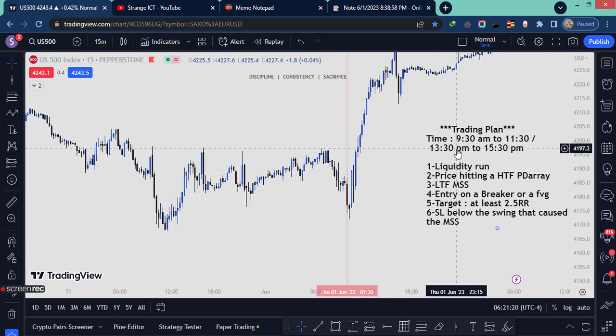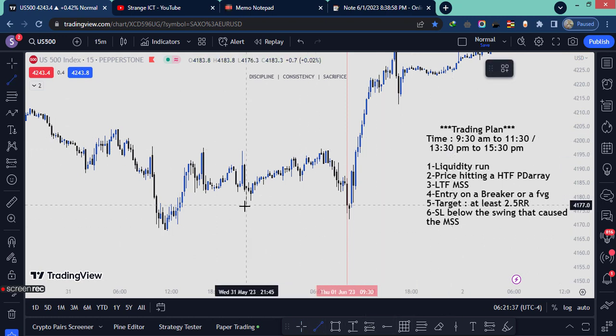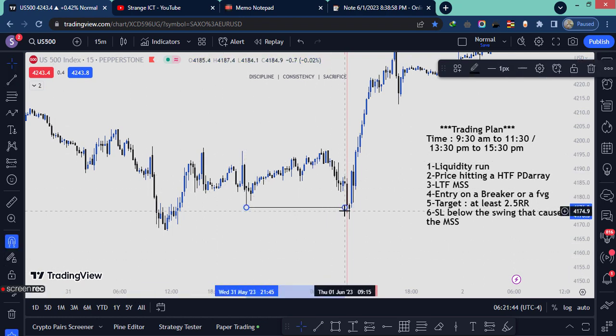Now the first step is you want to see a liquidity run. You can pause the video here and look for this liquidity run. Now the liquidity run, you can see that it happened right here. You can see that price attacked this old low.